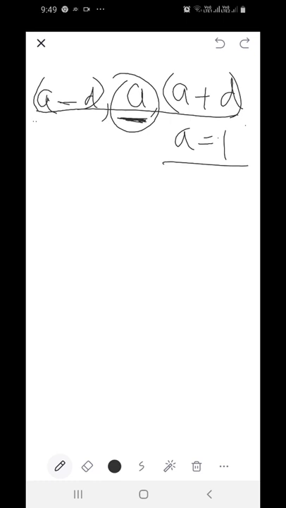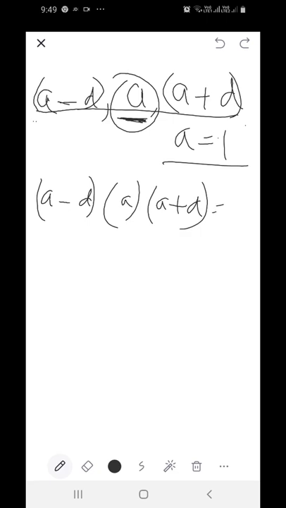And their product is minus 35. Now take the product of these numbers. A minus D into A plus D is equal to minus 35.